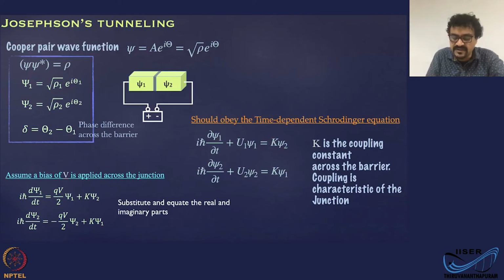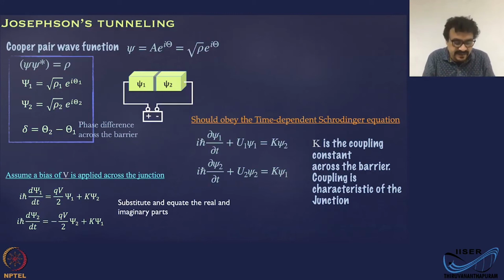That is the coupling or the transmission, or how much these two wave functions, psi1 and psi2, are overlapping between two sides. That is the characteristic of the barrier or of the junction. Similarly, for psi2 we can set up a similar equation: i h bar d psi2 by dt equals U2 psi2 plus K psi1.